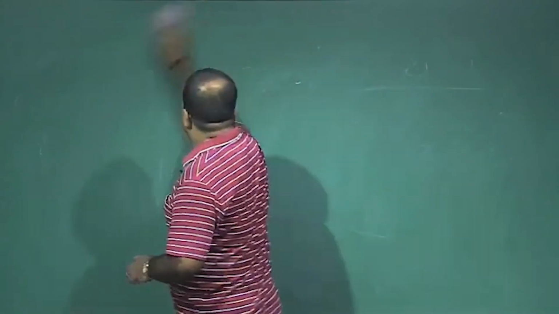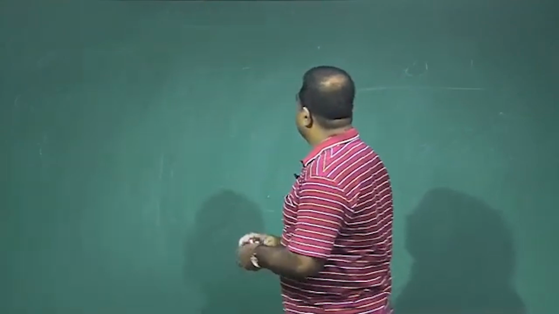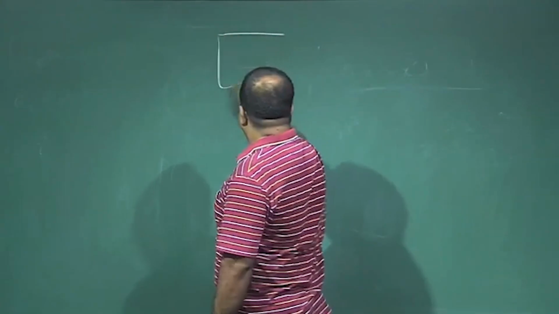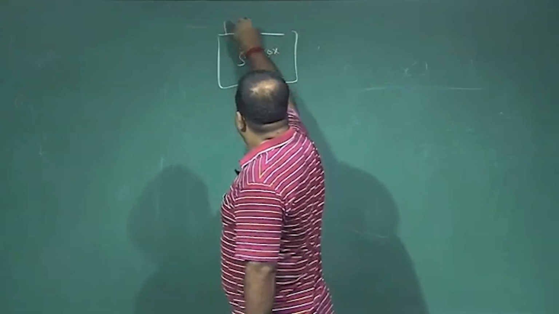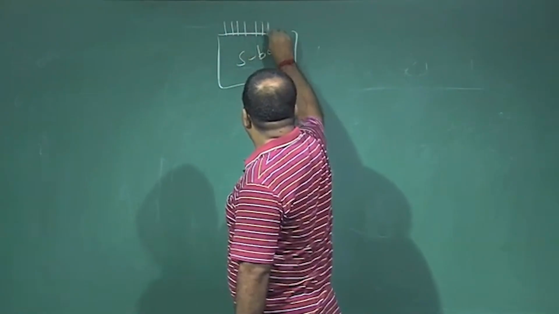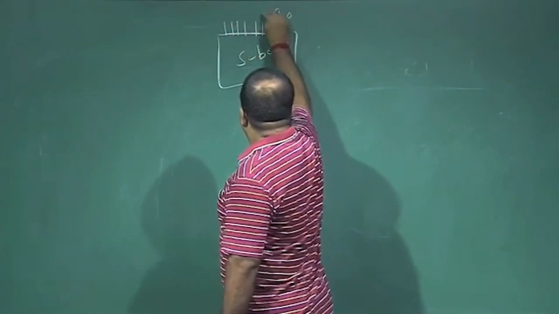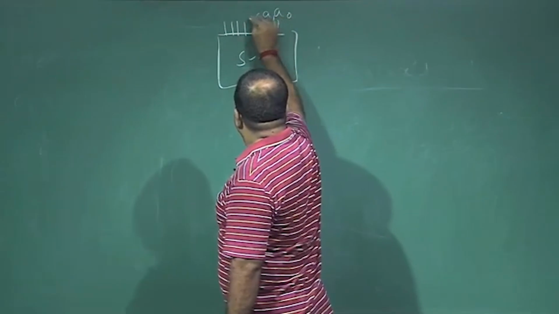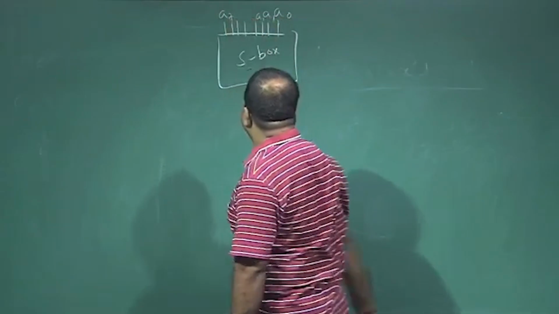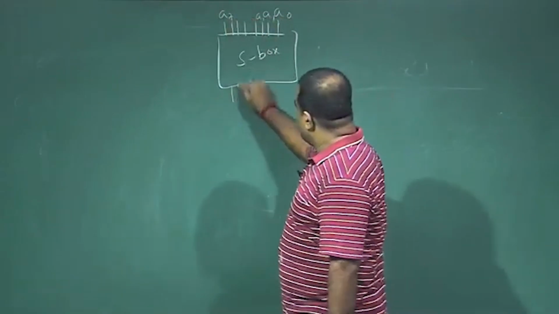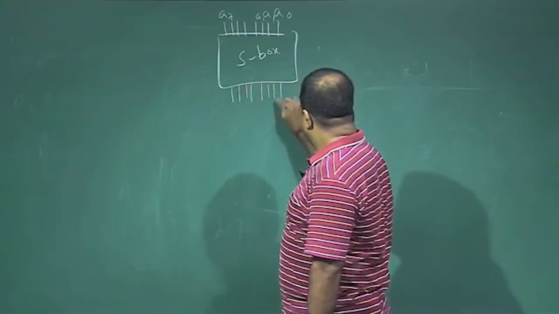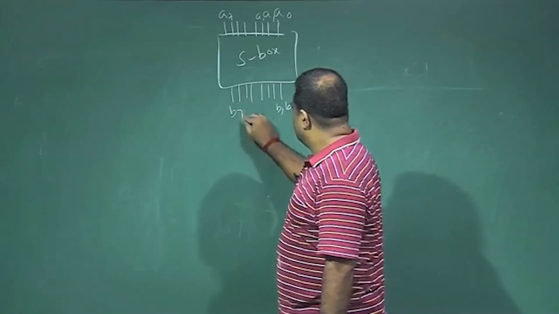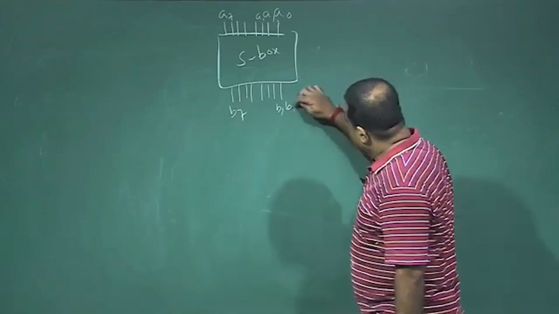So basically what we are doing: we want to get the S box for AES. So this is the AES S box. It has 8 inputs, which we are writing as a0, a1, up to a7, and the output we are denoting by b0, b1, up to b7.